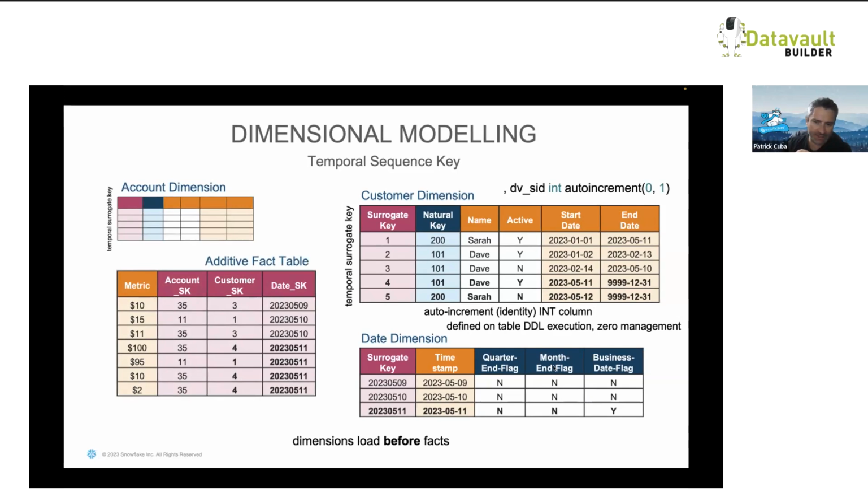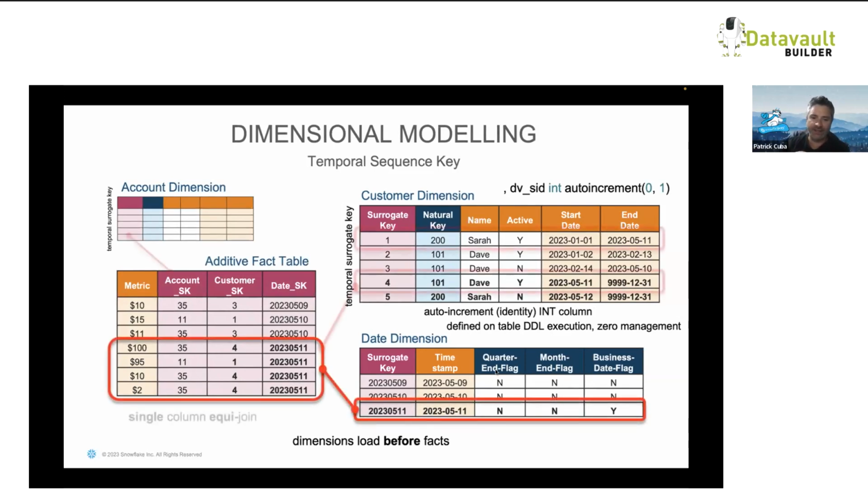So what this means is if I'm looking for business date flag Y, bottom right hand corner, basically it looks at all the records that are associated with that date. And because there's a single column, which is the surrogate key column, 4 and 1, associated to that customer dimension, it's a single column join, right? And that's it.